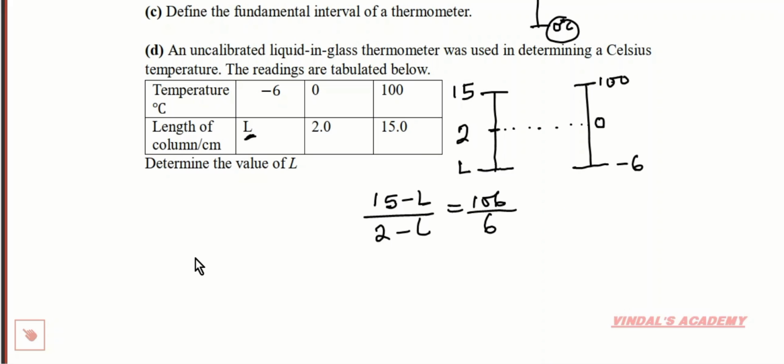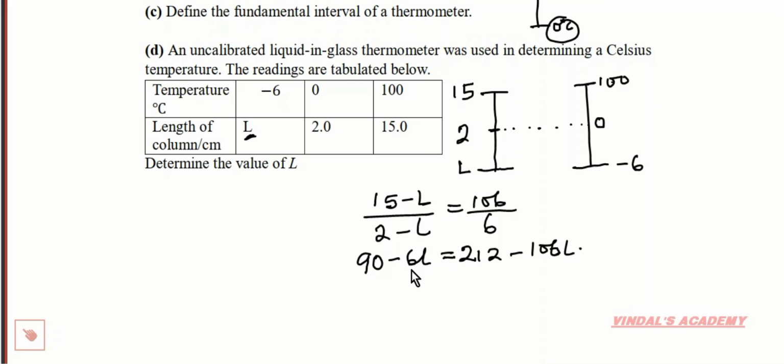All right, let us handle it carefully. So this is going to be 6 times 15, which is 90 minus 6L, equal to 212 minus 106L.